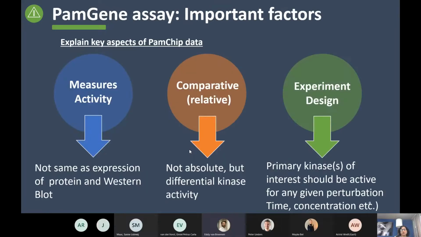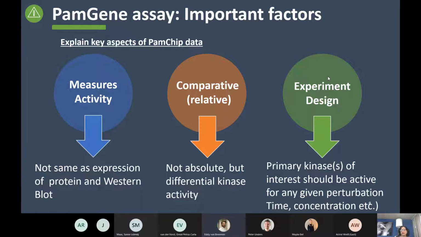In the PAMGene assay, the important factors are that you are actually measuring kinase activity, which is not really the same as expression as you see in protein or Western blots or protein assays. It's also comparative, as I just mentioned, it's relative. So you're not measuring absolute kinase activity, but differential kinase activity.